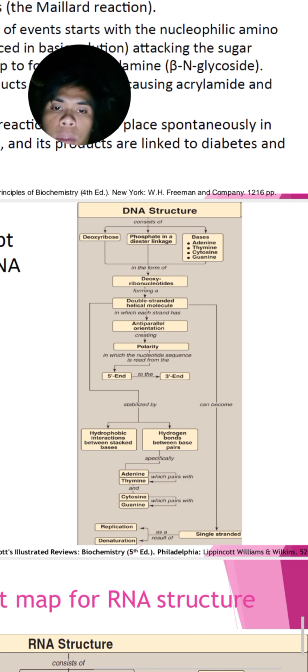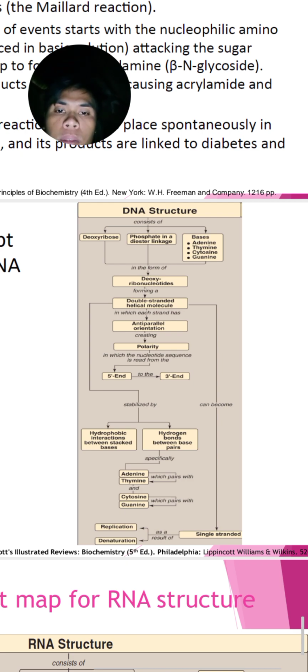The deoxyribonucleotides form a double-stranded helical molecule in an antiparallel form that creates polarity, in which the nucleotide sequence runs from the 5' end to the 3' end.